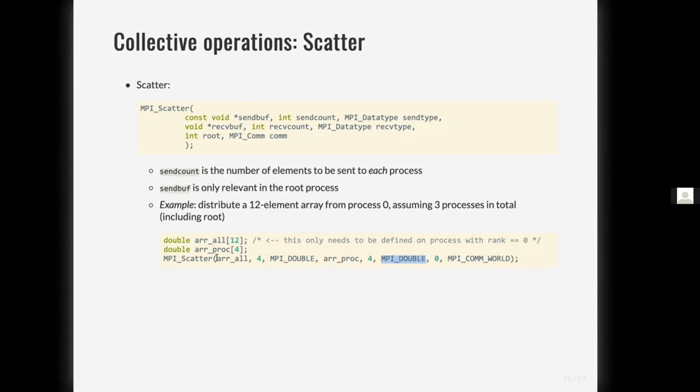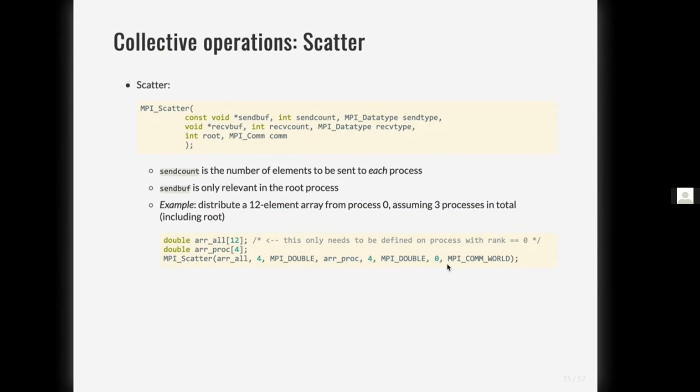So that if you want to send these 4 elements of an MPI double, and that they land in 4, let's say, non-contiguous elements of the array on the other side, then you could have a custom type here which specifies that. And then you would have something different here on the receiving side than on the sender side, okay? So that's just to say that there is a good reason why you need to specify both the send count and send type, and that it can be different from the receive count and receive type, okay?